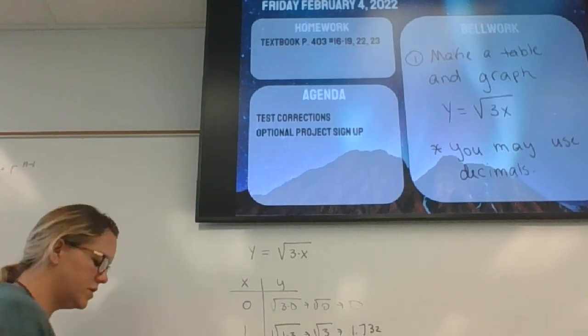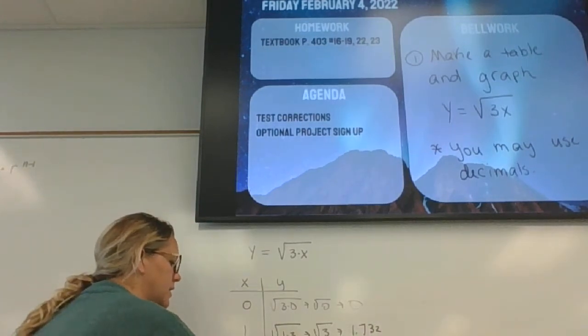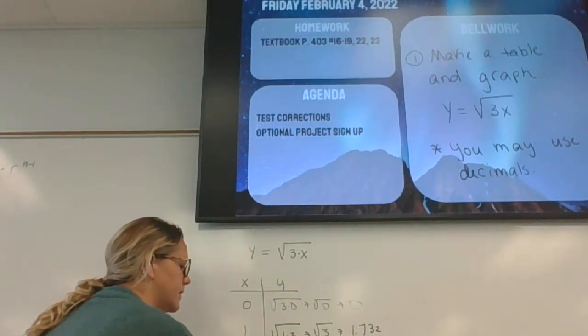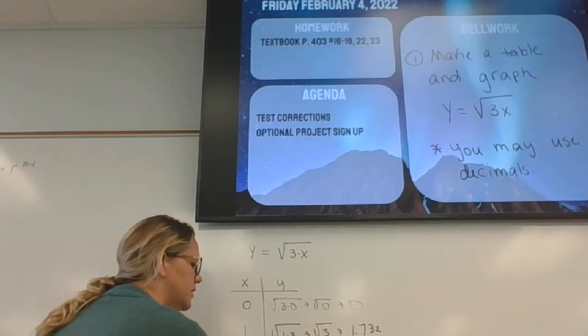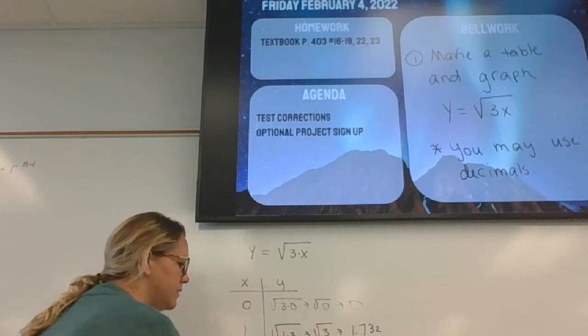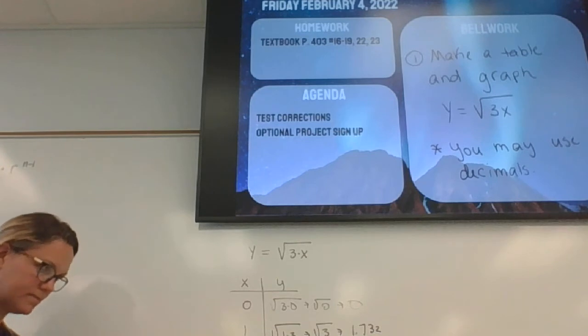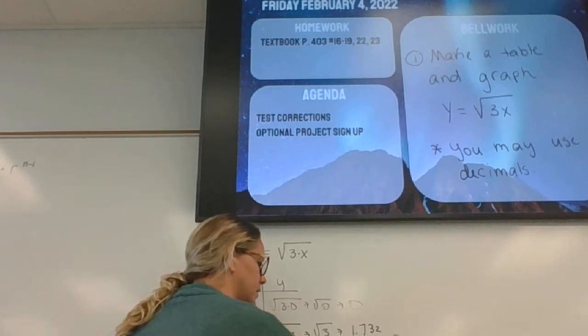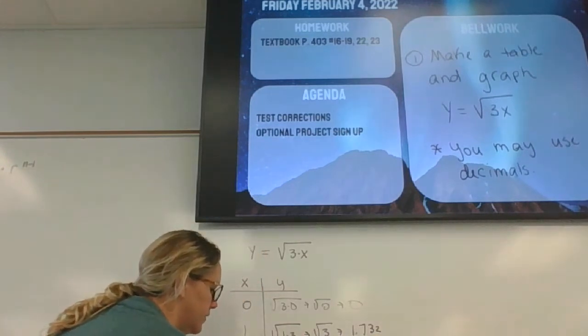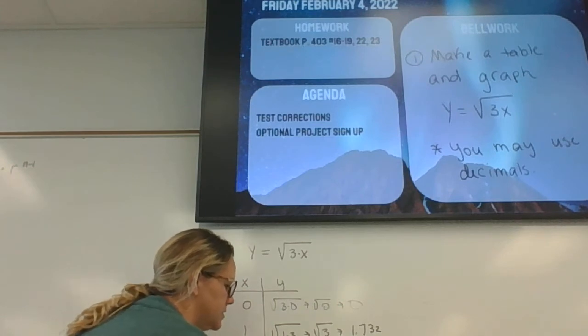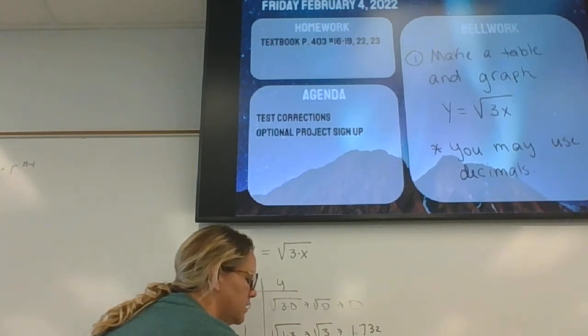So that's kind of tricky to graph, but you can. And then you do 3 times 4, which is the square root of 12. And then you do 3 times 9, which is the square root of 27.